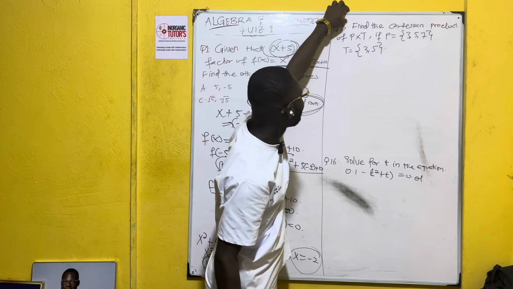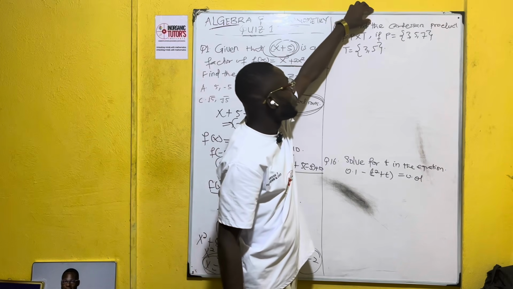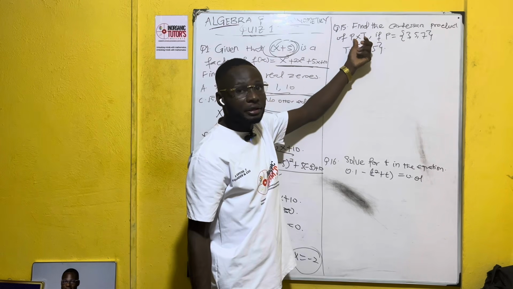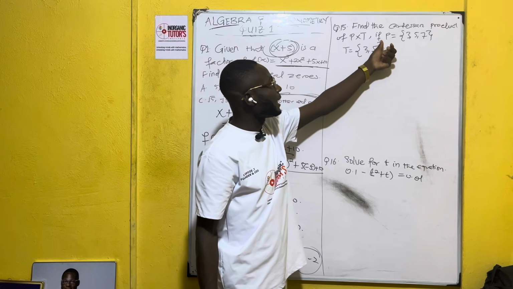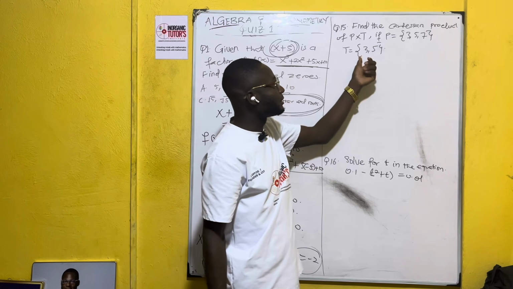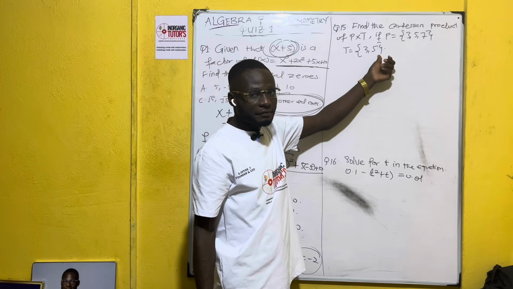So with question number 15, we want to find the Cartesian product P cross T, right? If P is equal to {3, 5, 7} and T is equal to {3, 5}.